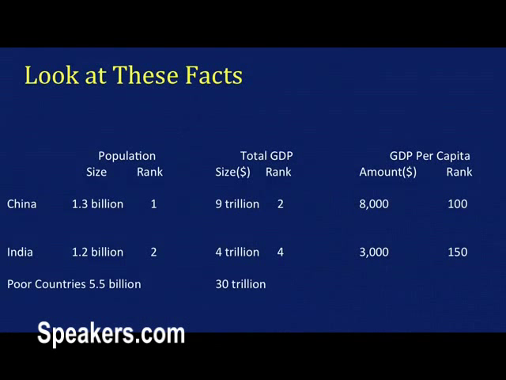The total size of these economies, the GDP of poor countries, is about $30 trillion. Even if you apply a modest growth rate of 5%, you do the math. 5% on 30 trillion is $1.5 trillion of incremental growth. That's $1,500 billion of incremental growth.